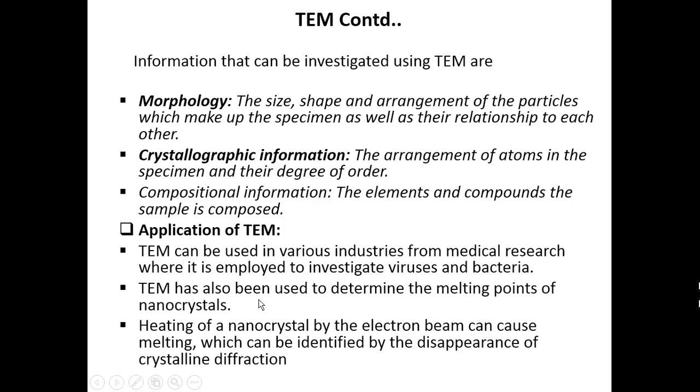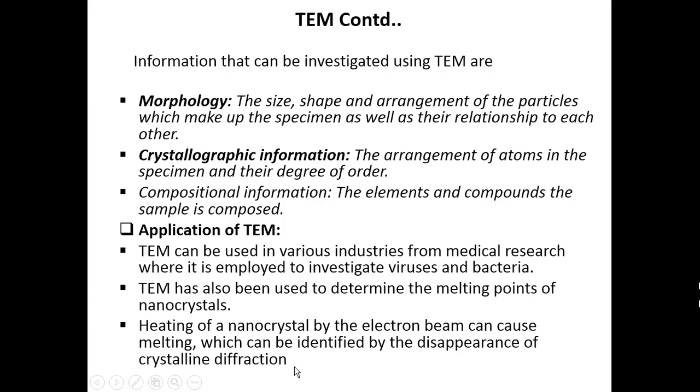TEM has also been used to determine the melting points of nanocrystals. How is it used? Heating of nanocrystals by the electron beam can cause melting, which can be identified by the disappearance of the crystalline diffraction.